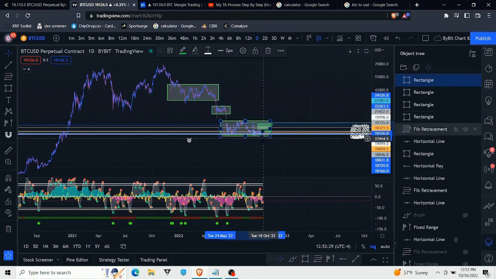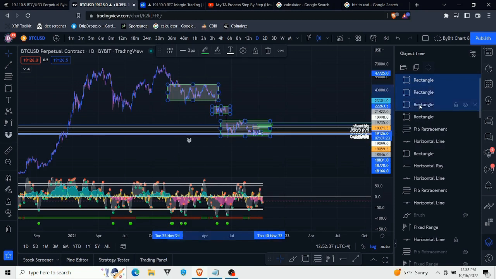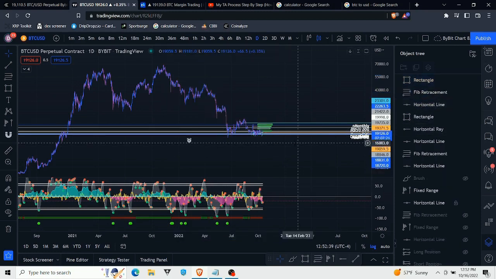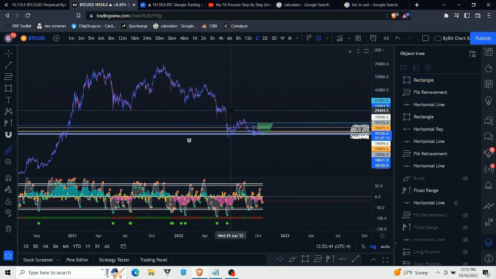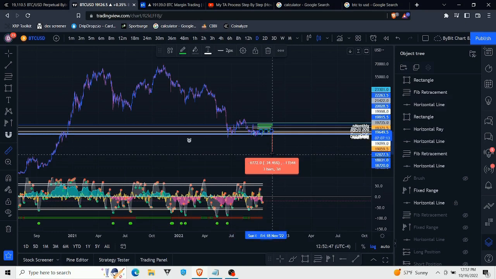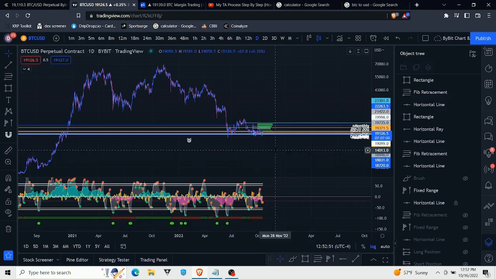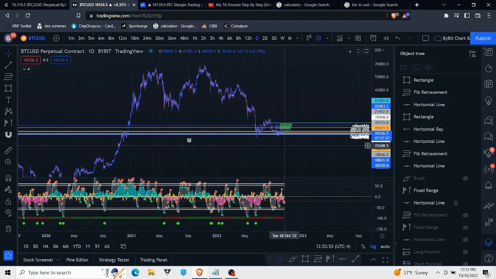So I know a lot of people are expecting another break to the downside here, and that definitely is a possibility. If we lose that range, we could see another 20-30% drop, which, if we take a measured target, would put us right around 14 to 13K, which is some people's targets.